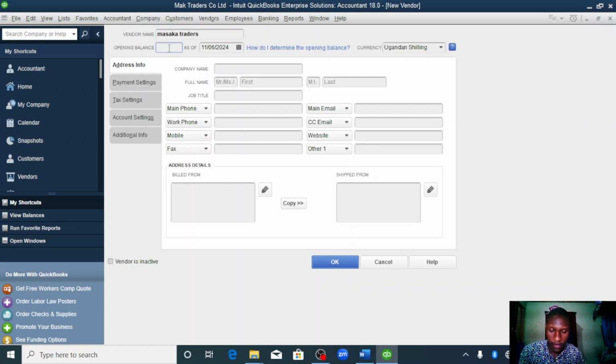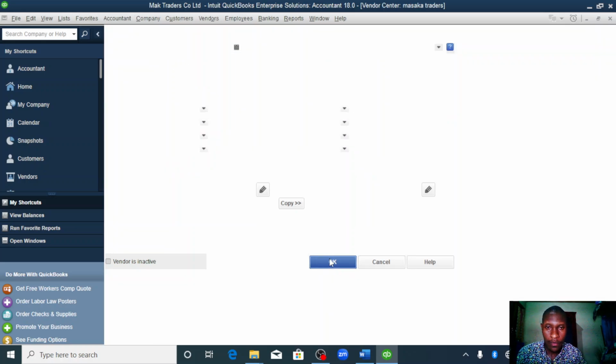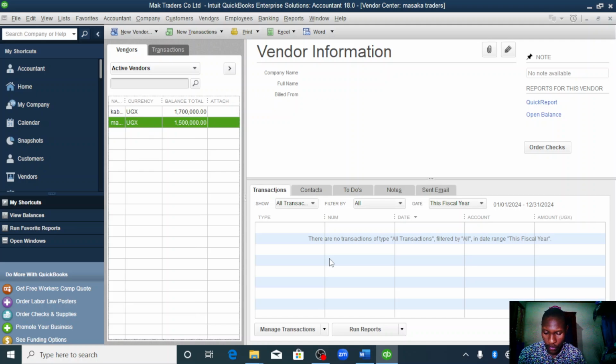As having an opening balance of 1,500,000. Update the date, and then we go to Madra importers.